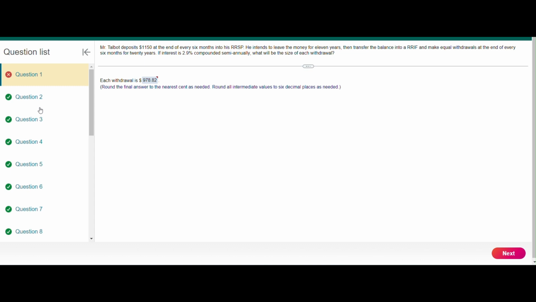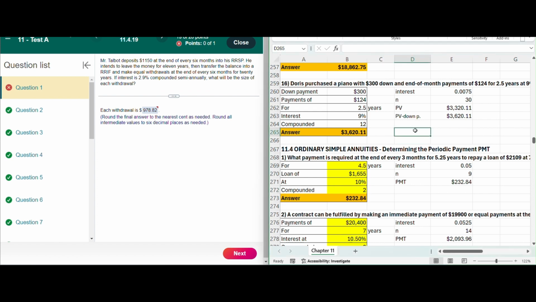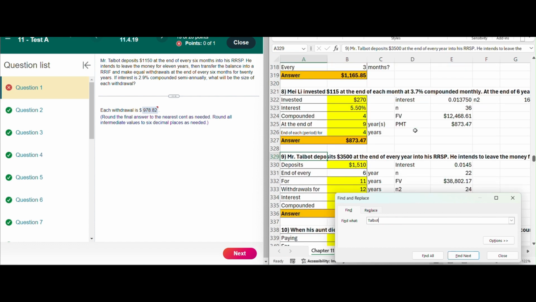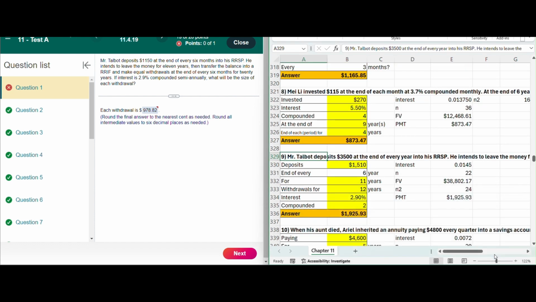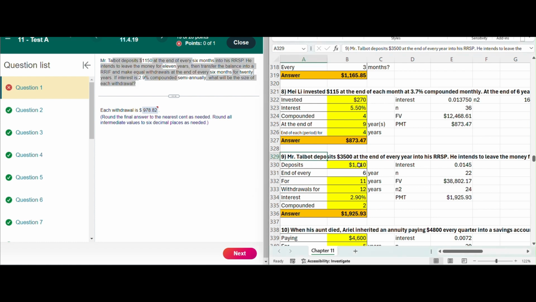So here we have one error. So let's check what happened here. It says Mr. Talbot. So we type Talbot, and here we have. So let's read again, read carefully, and we have a mistake here. We didn't enter a correct value.